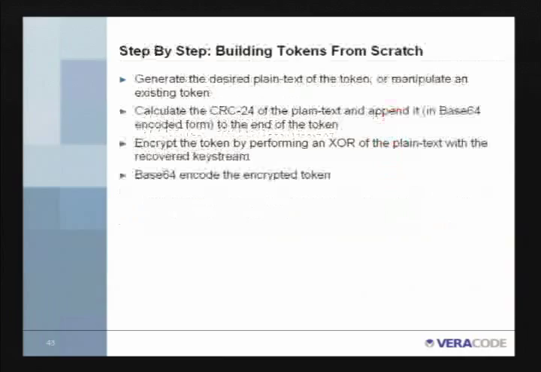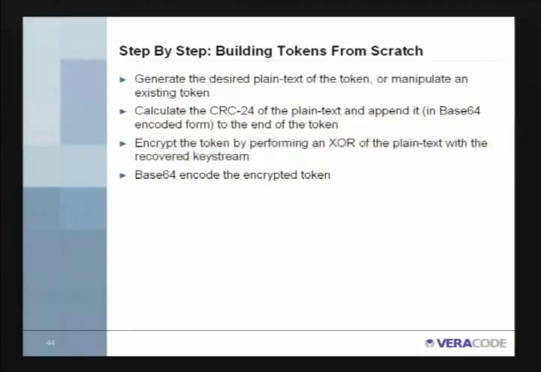So this is our step-by-step how to build a token from scratch. You generate the desired plain text of the token. What do you want to be in there as your plain text? Or manipulate an existing token, like we took a statement token and just changed the parts of it that we wanted to change, and leave the rest intact. So somehow we come up with a plain text version of a token.